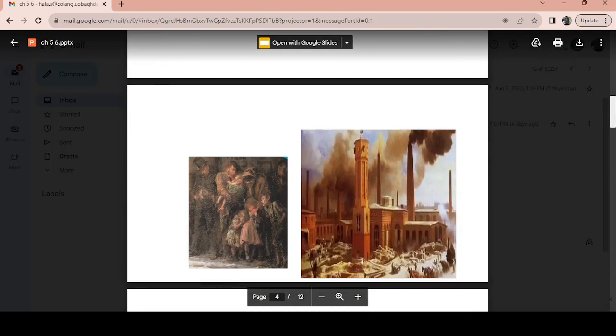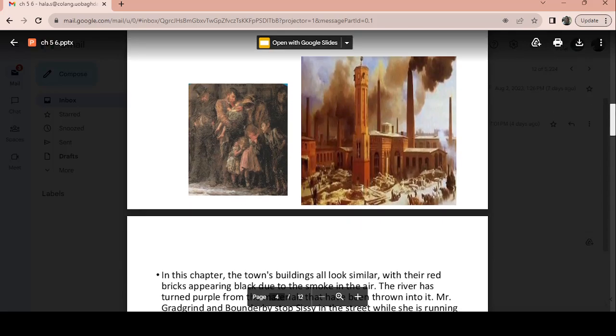These are some pictures I took from the net, which describe the way people were living at that time. People were always crowded, tired and suffering, and the town is full of smoke, so everything looks gray and smoky because of the engines.